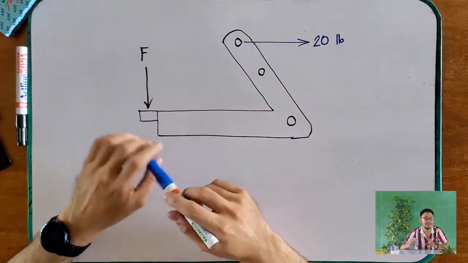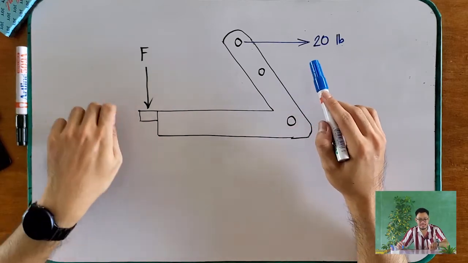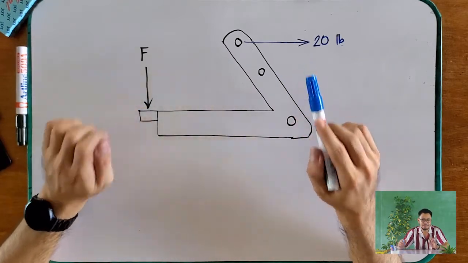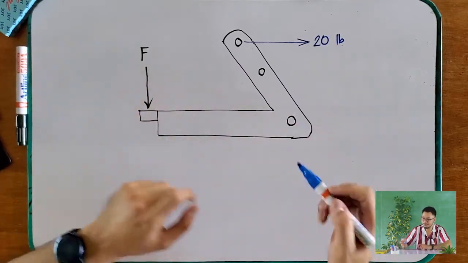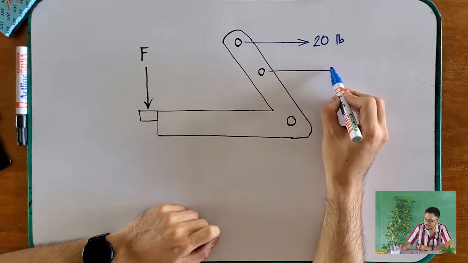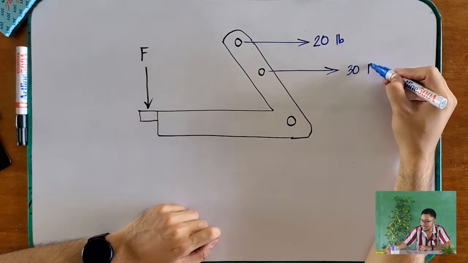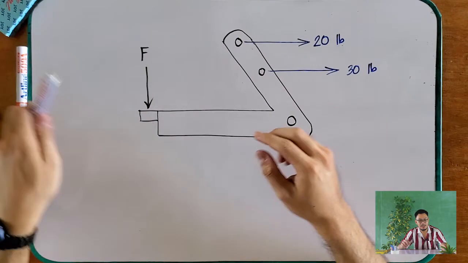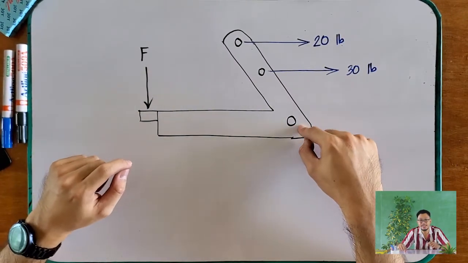Also, at the same time, our spring pulls on our lever, so it also supports our force F. So therefore, the direction of our spring is also going to the right, which is 30 pounds. And now, how about our pin support?